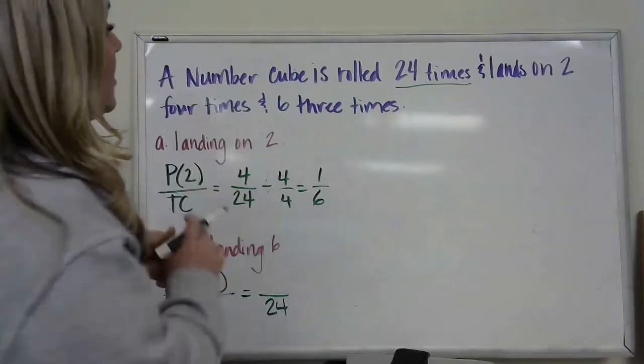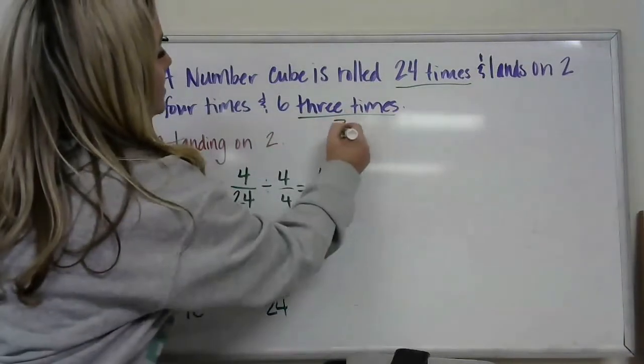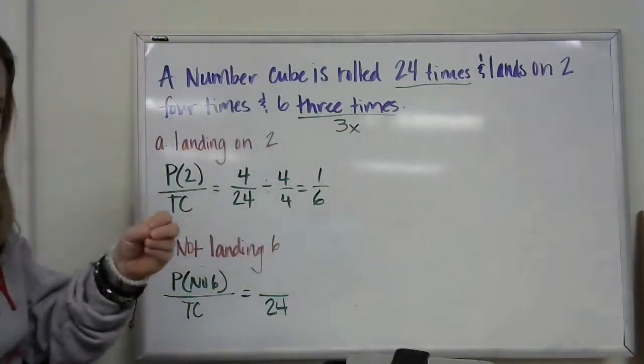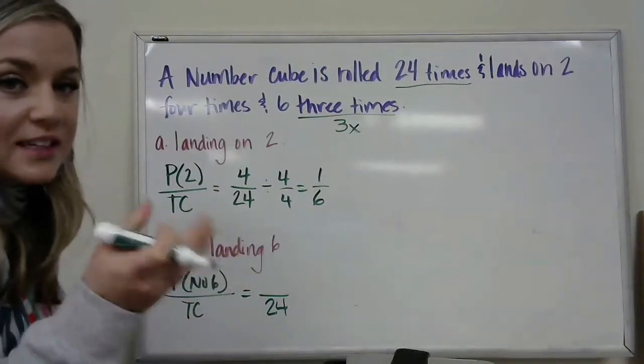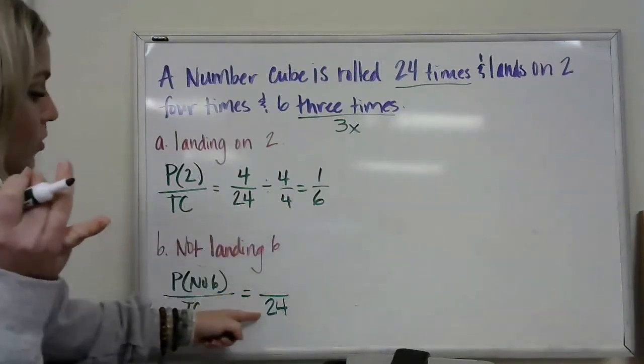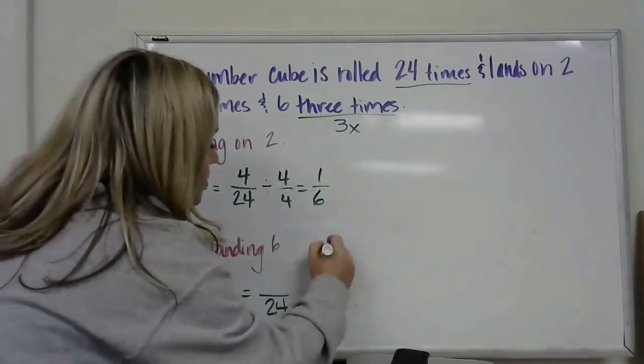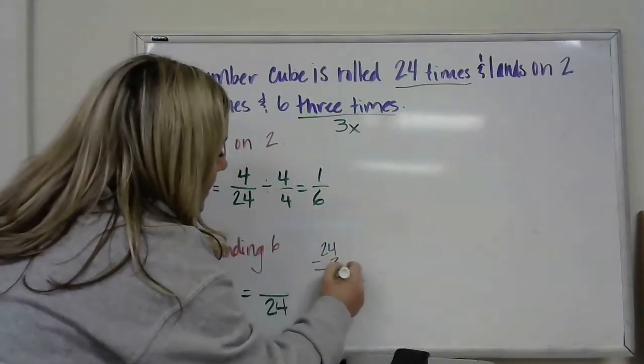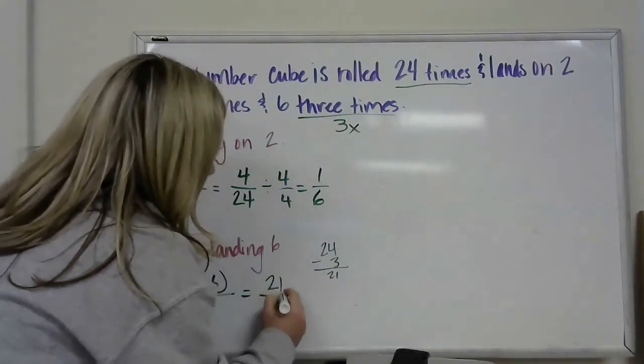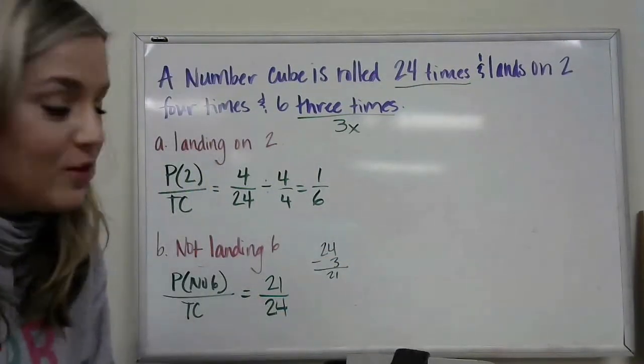We just know that it landed on 6 three times out of 24 rolls. So how many times was it not on 6? We have to do 24 minus 3, and we get 21, okay? So 21 out of 24 times.